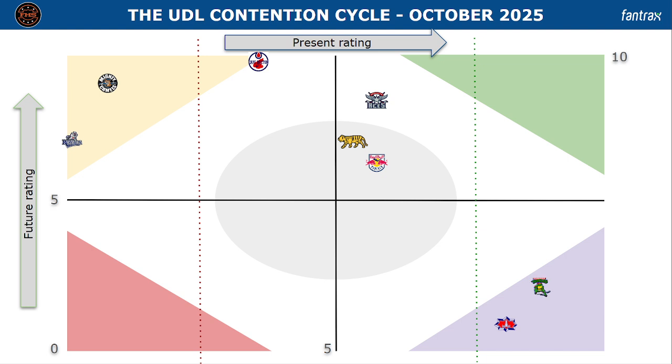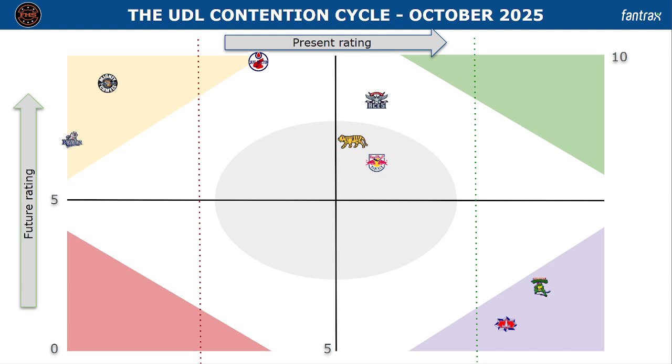The next team is another contender. This is the Hanover Turtles. Oh, the Turtles land as one of the top teams. They're, I think, the third strongest in terms of present rating, and they have a 1.9 future rating, so this puts them slightly better than the Citadels.